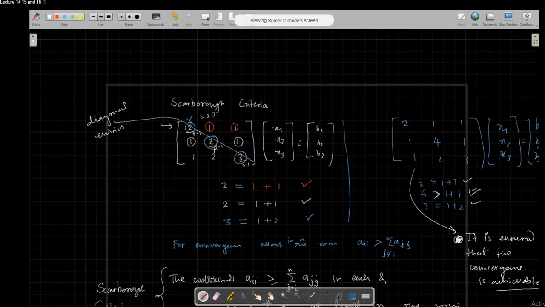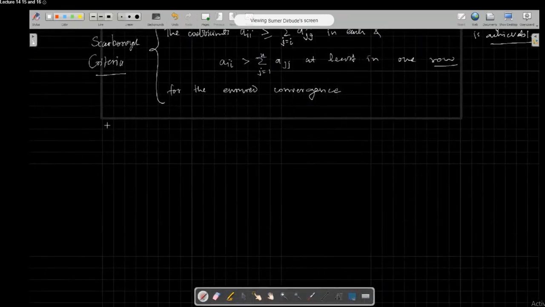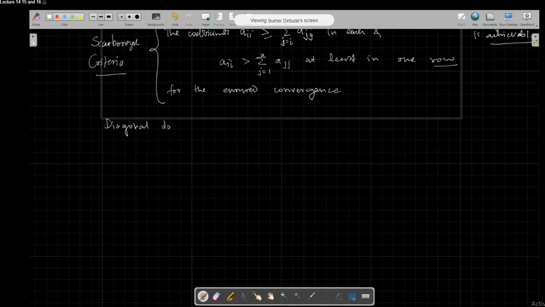Diagonal dominance can be manipulated by operating on it with, say, omega.